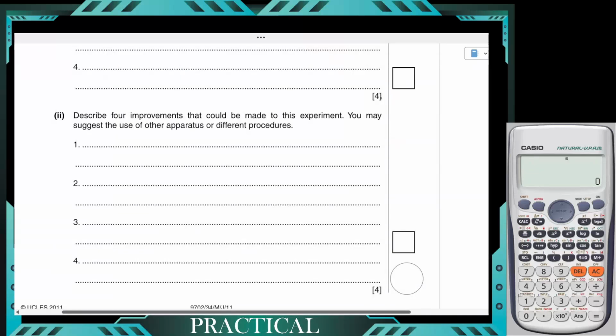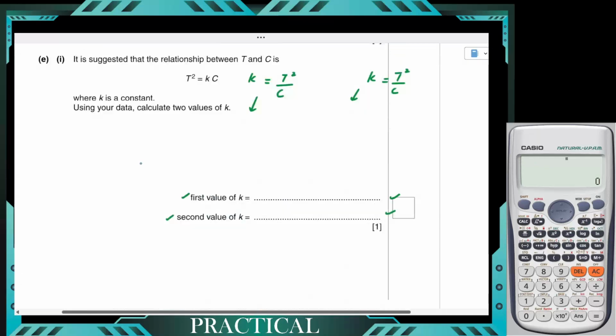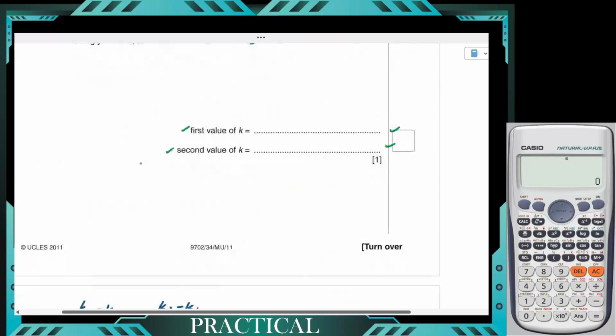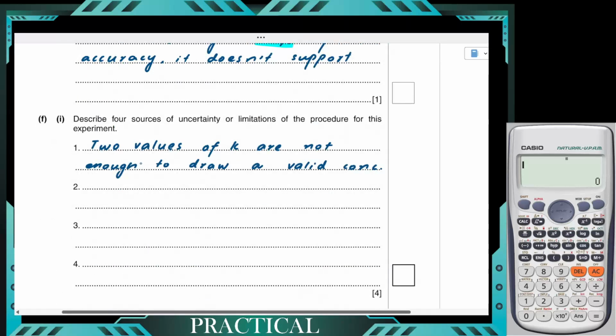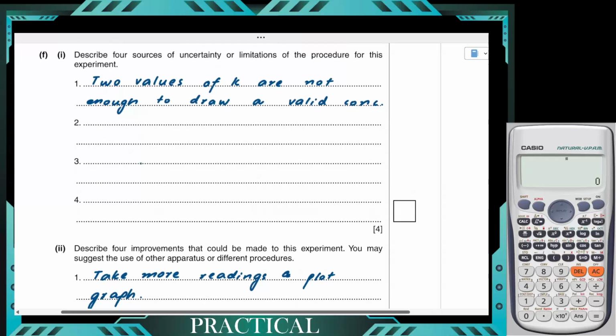And you can always write the way to improve this: take more readings and plot the graph. Then you can see which 2 quantities were used. For example, in this one we were comparing t and c. So t square and c. Then you can say draw the graph of t square and c. But this is the standard one that you can write with pretty much all the experiments.